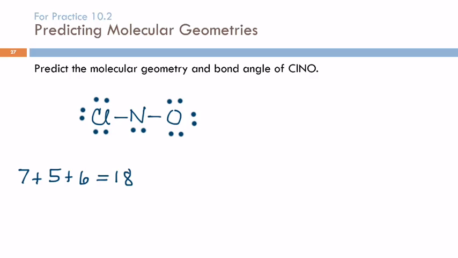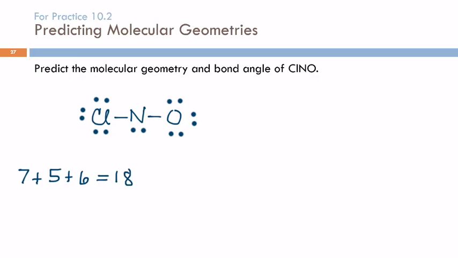Don't we put the most electronegative on the outside? Usually, yes. Which is more electronegative, nitrogen or oxygen? Oxygen. So it's on the outside. And chlorine is also more electronegative. And so it follows that pattern as well.